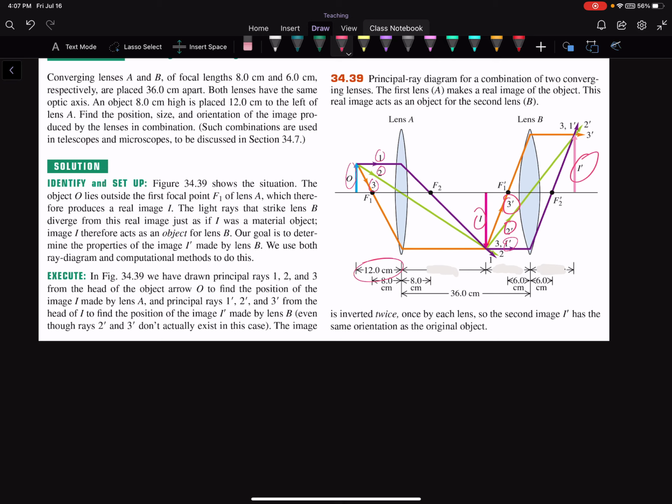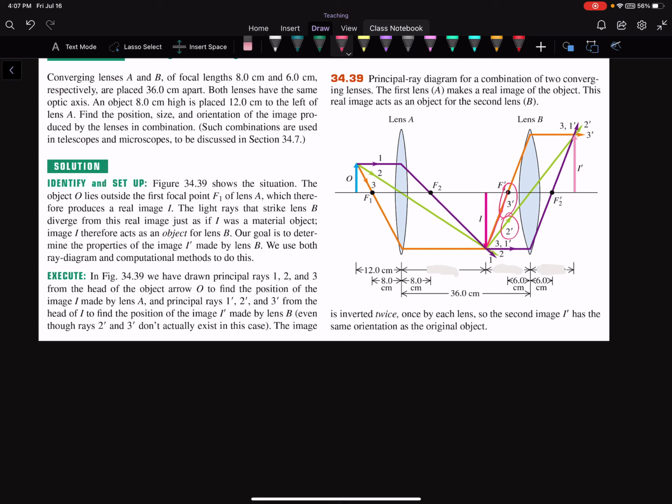And I want you to pause here and think about this. Given everything that they've drawn, how in the world would this ray here and this ray here actually be a physical ray? We have this object here, yes, but it's not a real object. It's one of those weird funky image objects, right? It's just like a midway point for the light.